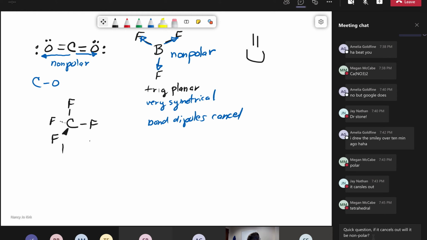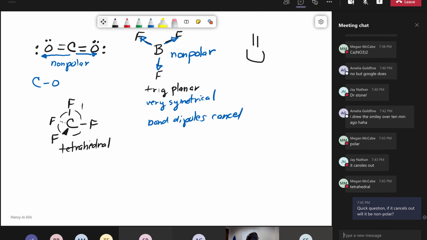Tetrahedral. And so every single one of the angles you can draw is 109.5. Is that symmetrical? Yes or no? Yes. If it cancels out, it's nonpolar, Stephanie. Correct.